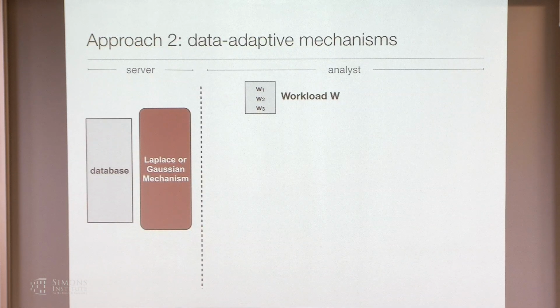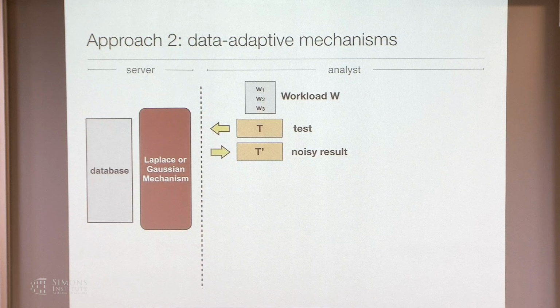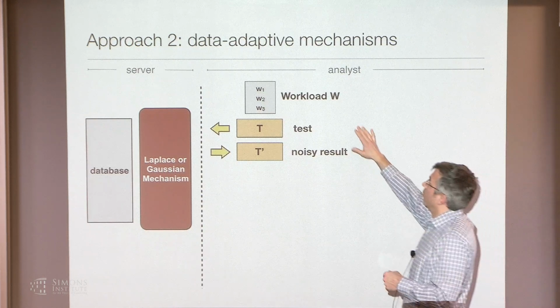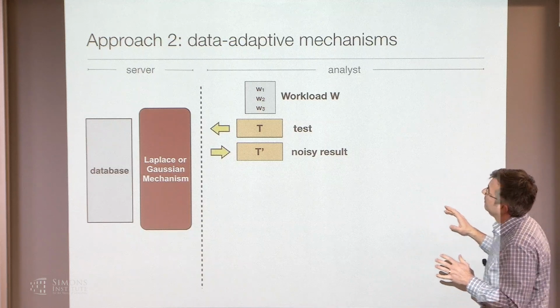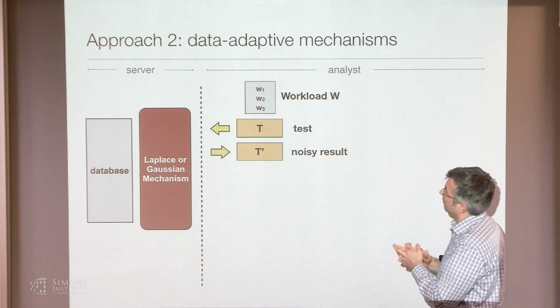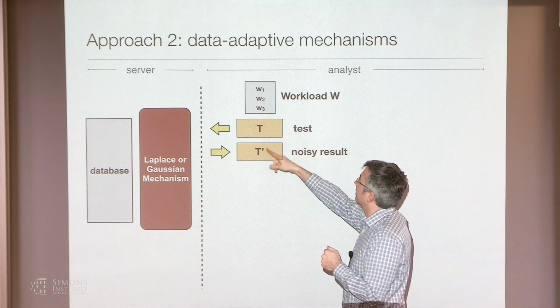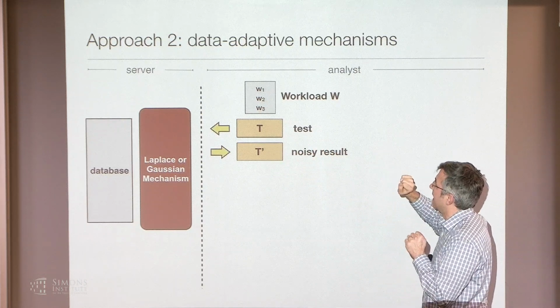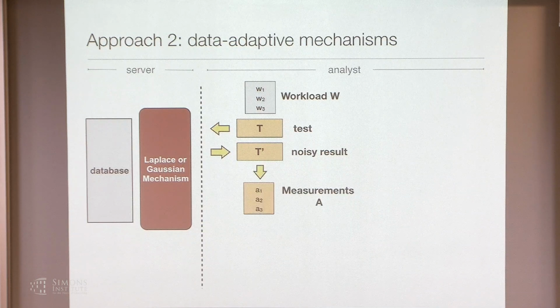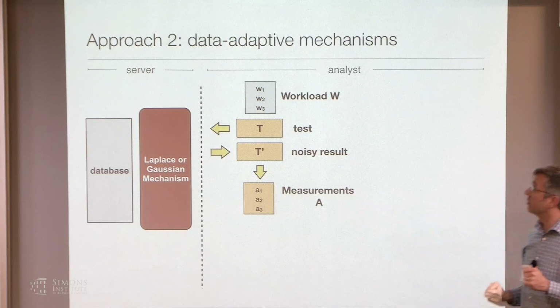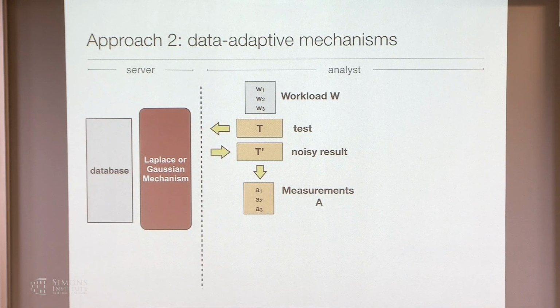So the second approach, which I'll mention briefly and then come back to at the end, assuming I have time, does something a little bit different. We've got the workload as input, and then some tests are done, or some modeling of the data is done, as an initial stage, which is then used later to choose or influence the measurements that are taken.